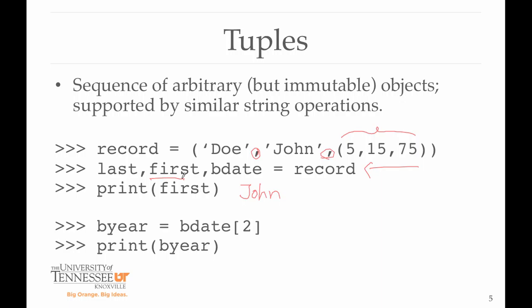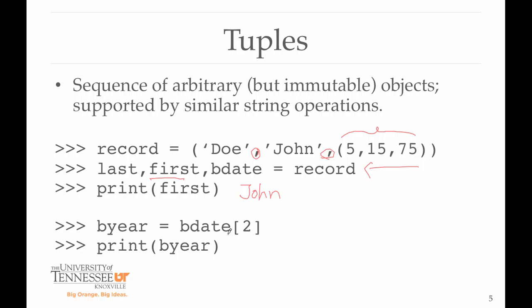And then what you see in the next line is assigning another variable. In this case, we're going to call it birth year, or let's just say B year, within the B date object, which itself is a tuple, the data that's in position 2.